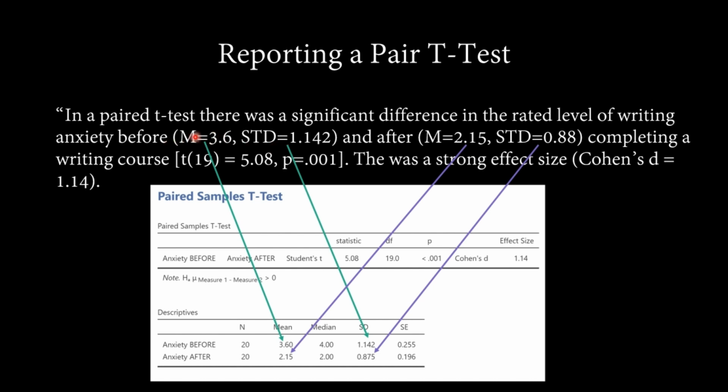Remember, we're comparing this mean to this mean. So you can find this in the descriptives table. This is just the output on the right side in the JAMOVI window. So we have 3.6. The standard deviation is over here, 1.142. And we do the same for the after variable, which is the one that's just below.